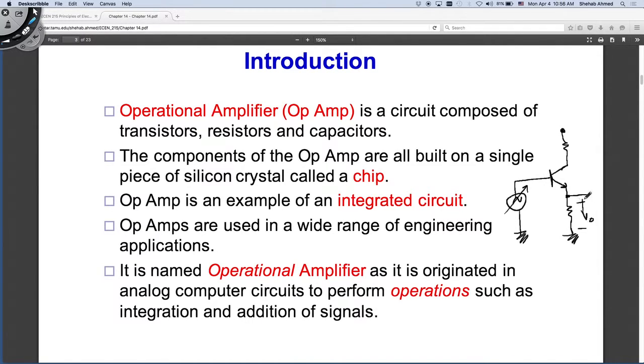You want to make this V output small or big, depending on the application. Some applications require it small, some require it big, and your source here does not have the power to supply a lot of current. It can provide a voltage signal and a small amount of current.